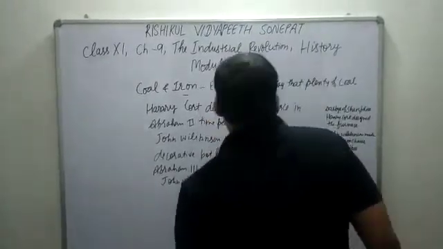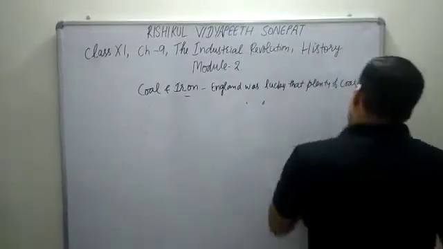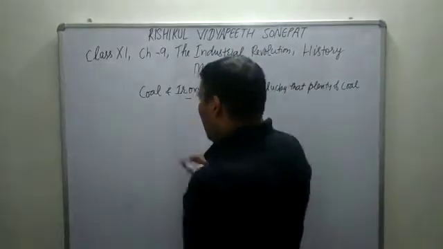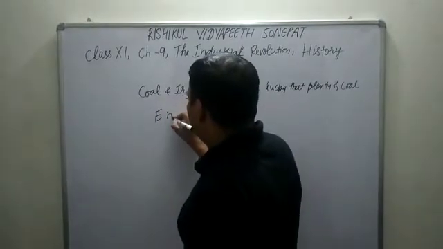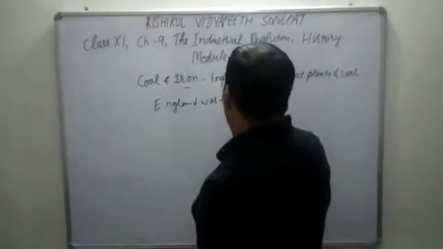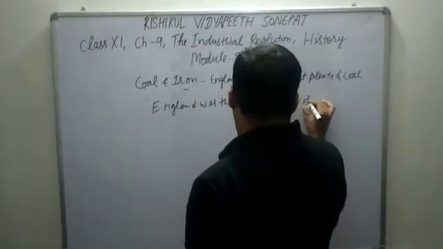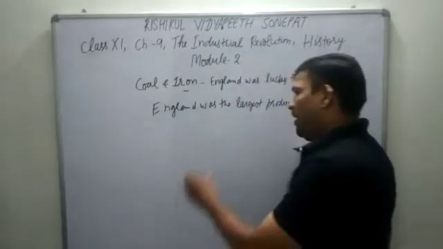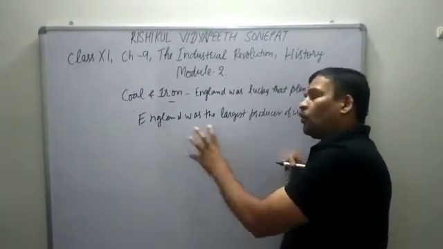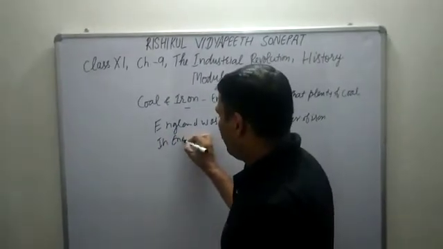And what happened due to this? England became the largest producer of iron, and iron smelting and coal smelting were done there.